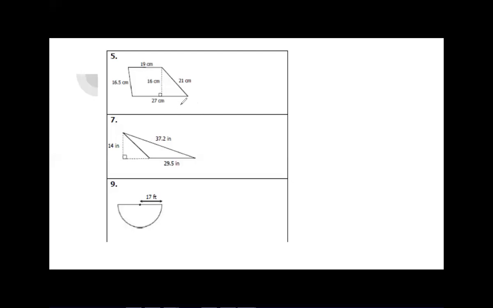All right, for this one, we're going to take a look at number 5. Number 5 is a trapezoid. With trapezoids, our area is equal to the height of the trapezoid times the sum of both bases, so base 1 plus base 2, and then all of that is divided by 2.